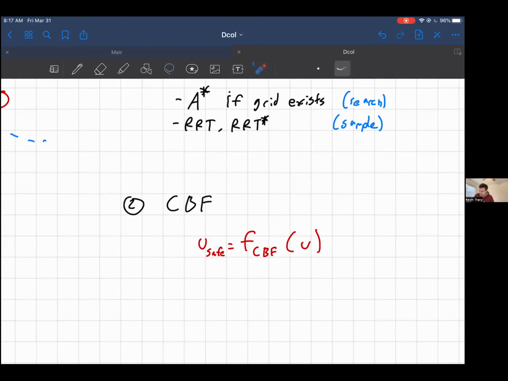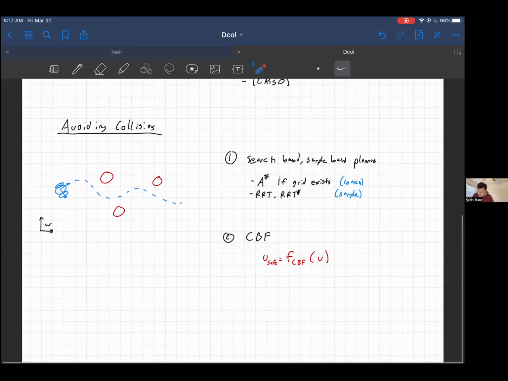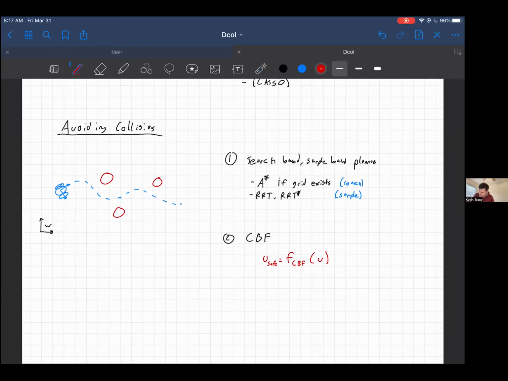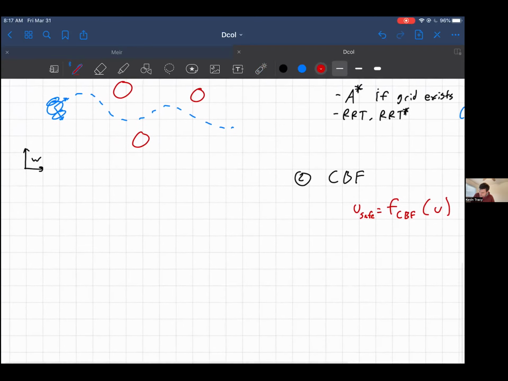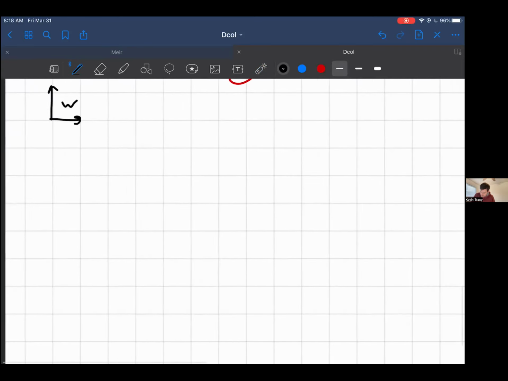I have F_CBF, and it takes in a control input U that comes from some other controller, a U that may or may not be safe, and it will return a safe U. So it modifies the control that comes in. You can think about this as filtering your actions to be safe actions. And it's pretty cool how this works. The way this works is that I have some safety index. So over here, do CBF.